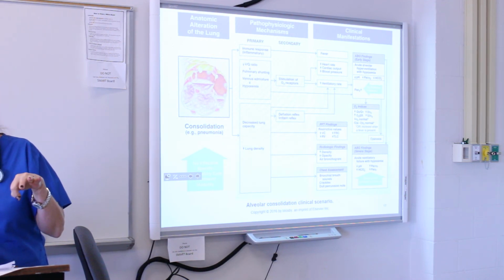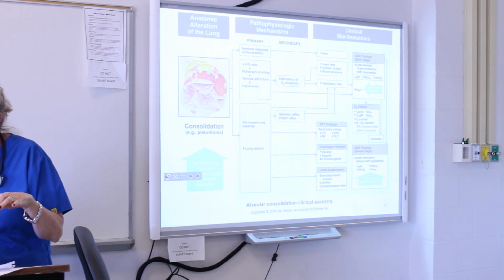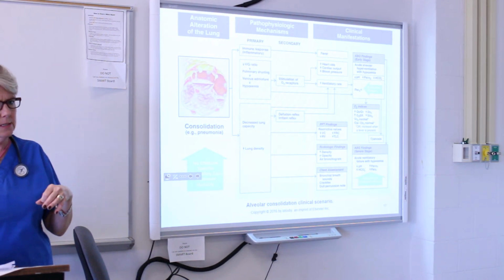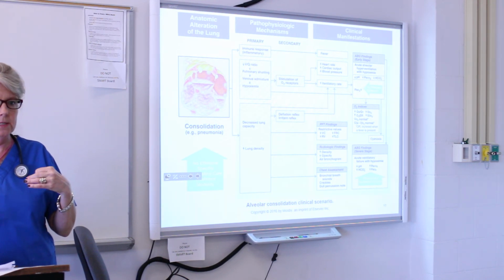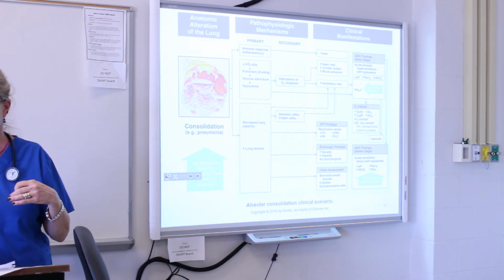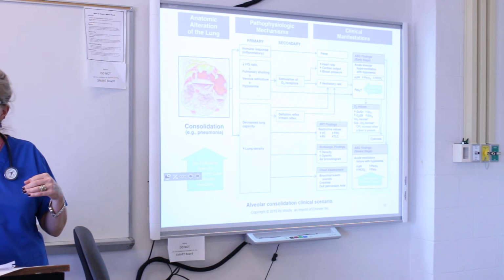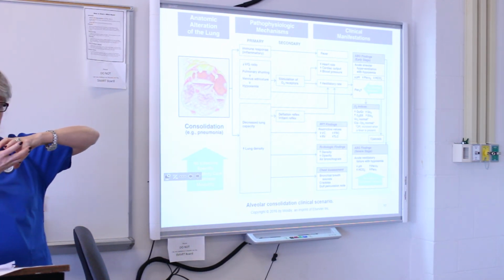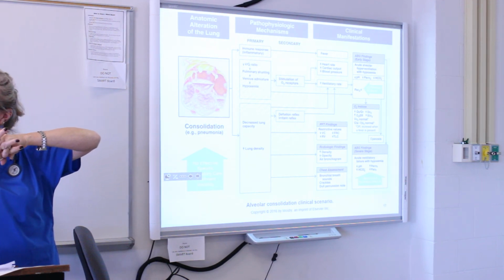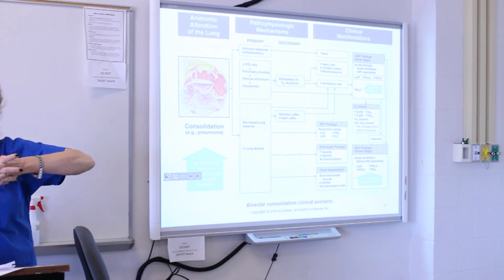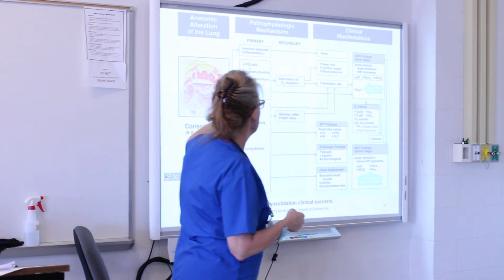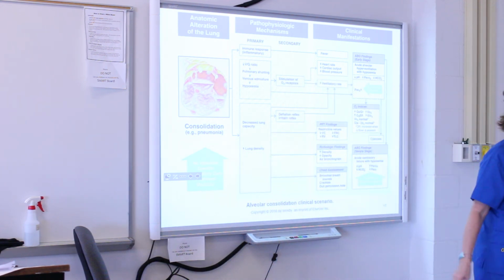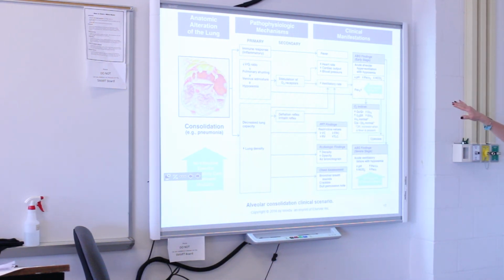Consolidation can be present with Mycobacterium tuberculosis, and I bet consolidation is going to be present with fungal infections. So when there is some type of fluid debris inside the alveoli, that is going to affect the VQ ratio. It's going to cause shunting.